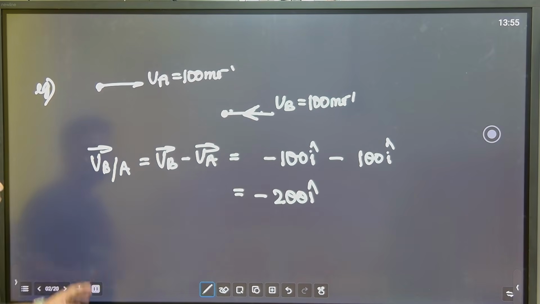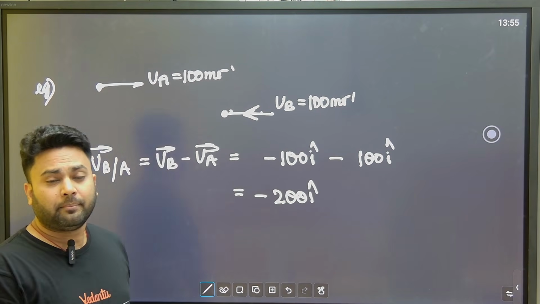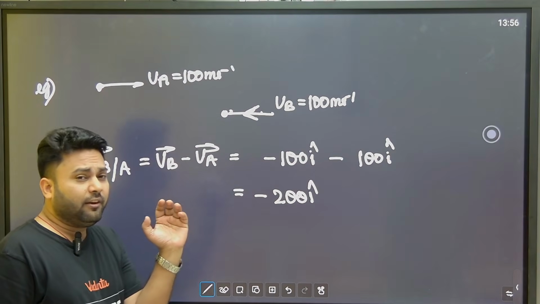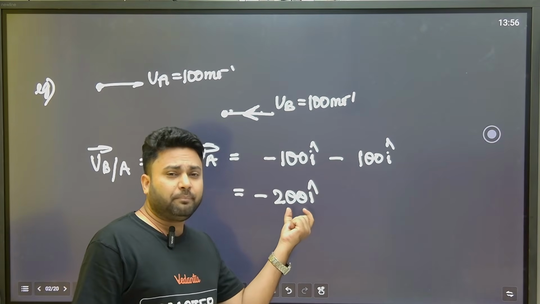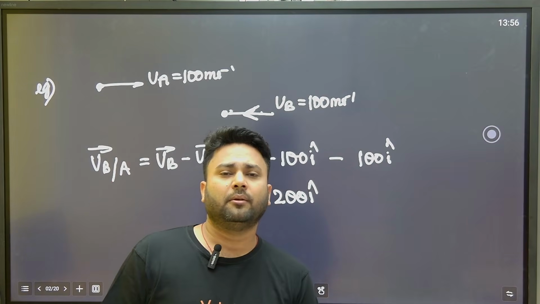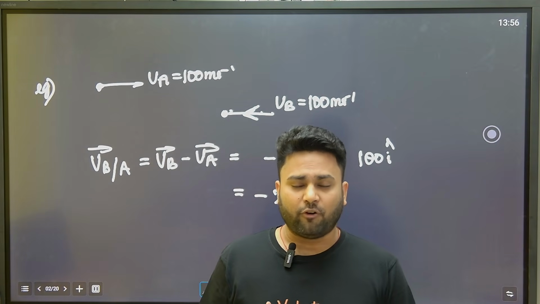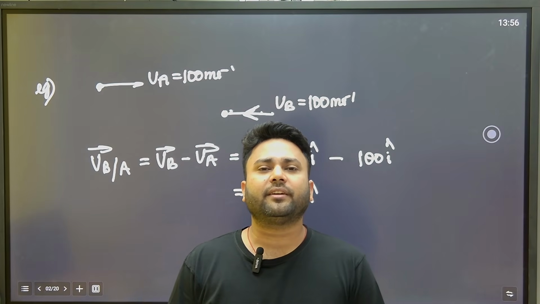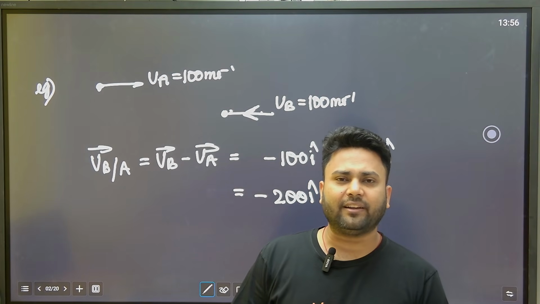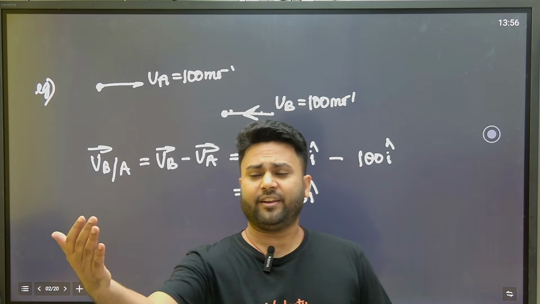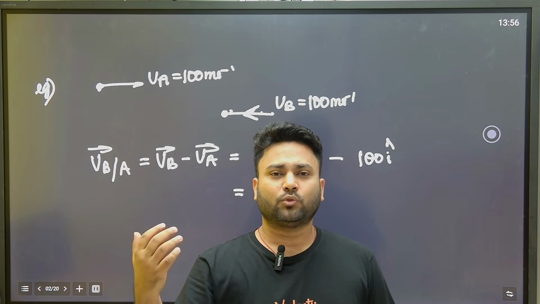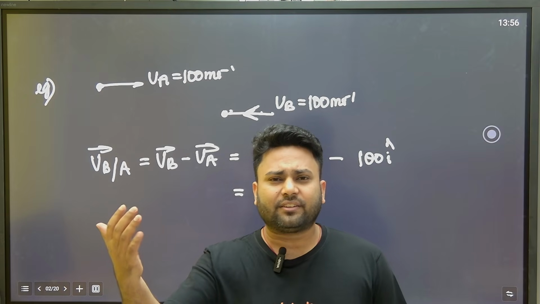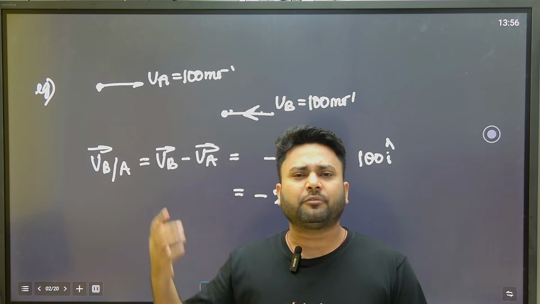So see, velocity of B with respect to A is minus 200 i cap, meaning A will feel a velocity of 200 meter per second about B. If I am A, for me this train B is moving with 200 meter per second. And you must have felt that. If you are traveling in one train and another train is traveling from the other direction, when it comes to your position you will feel that the other train is traveling with a lot of speed.